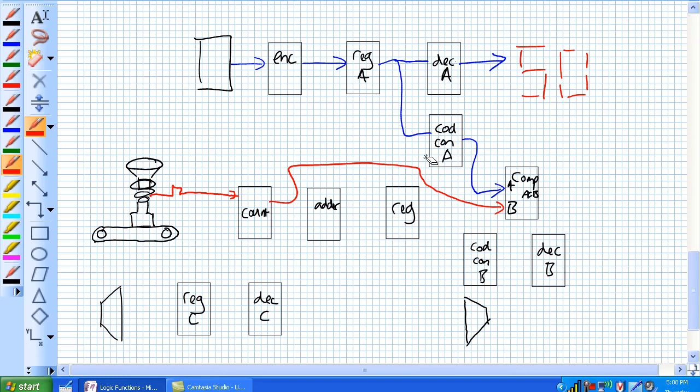When A equals B, when 50 tablets are inside our bottle here, we want something to happen, and that's that output right there.